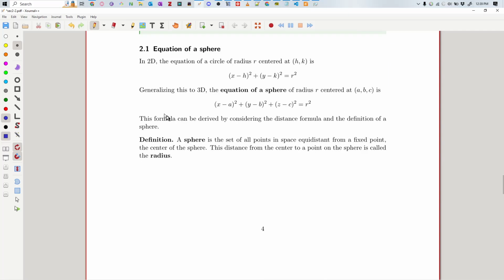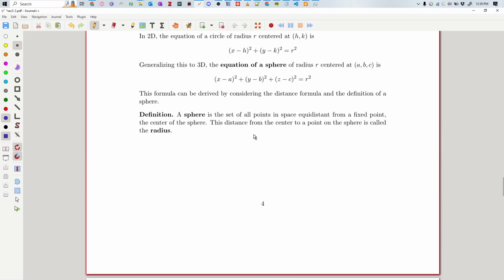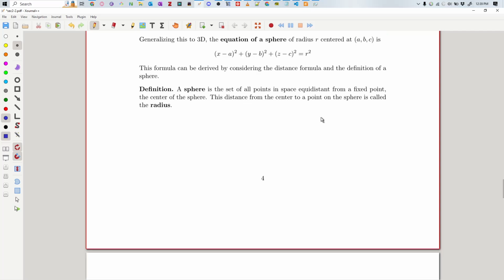The following few things are actually to explain why this equation makes sense. What you should know is that there's this abstract definition of what a sphere is, which is that it's the collection of points of a fixed distance away from a given center.